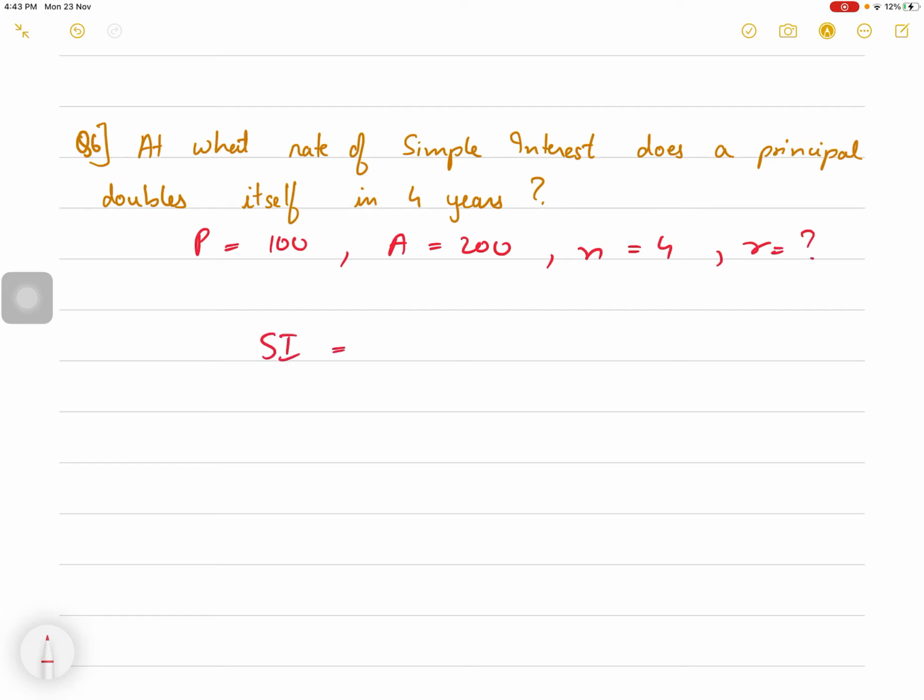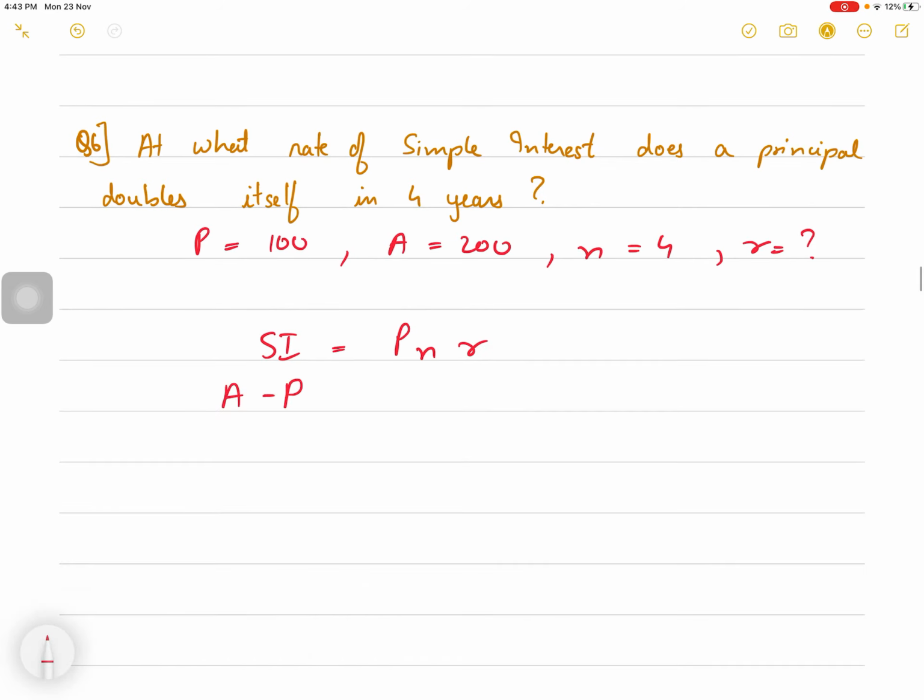Simple interest is equal to P into N into R. Simple interest would be 200 minus 100. Interest is equal to A minus P, which equals P into N into R. So A minus P is 200 minus 100.